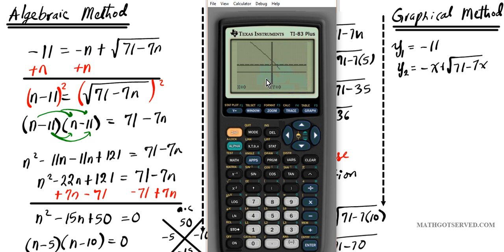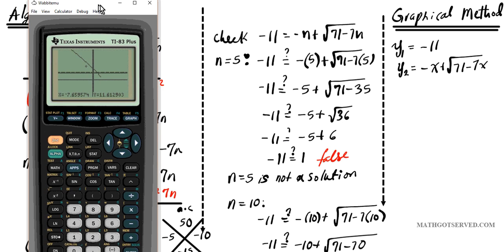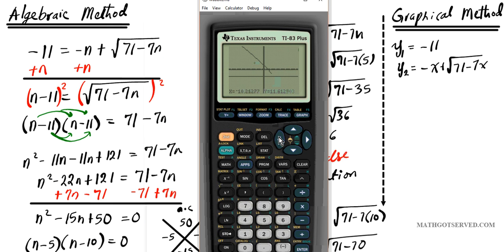Now to really focus in on what's happening here, we can use our zoom box feature, enter, and then let's put the upper left corner of our window right here, and then the lower right corner of our window somewhere here so that we can really focus in on what's happening.